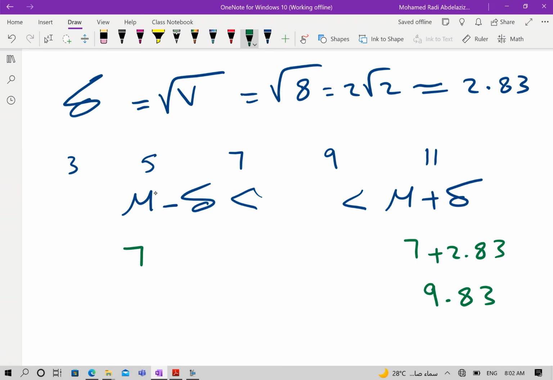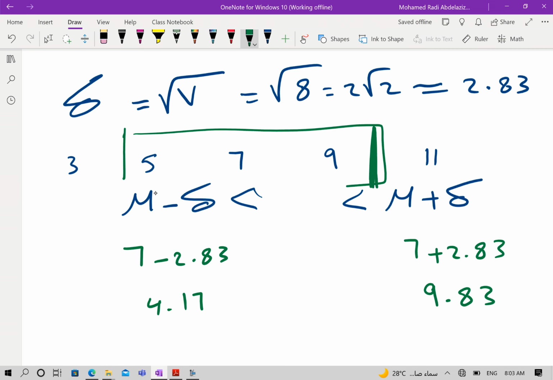And 7 minus 2.83 is 4.17. All these values are in the range between 9.83 and 4.17, right? It's approximately 2/3 of the data in this range.